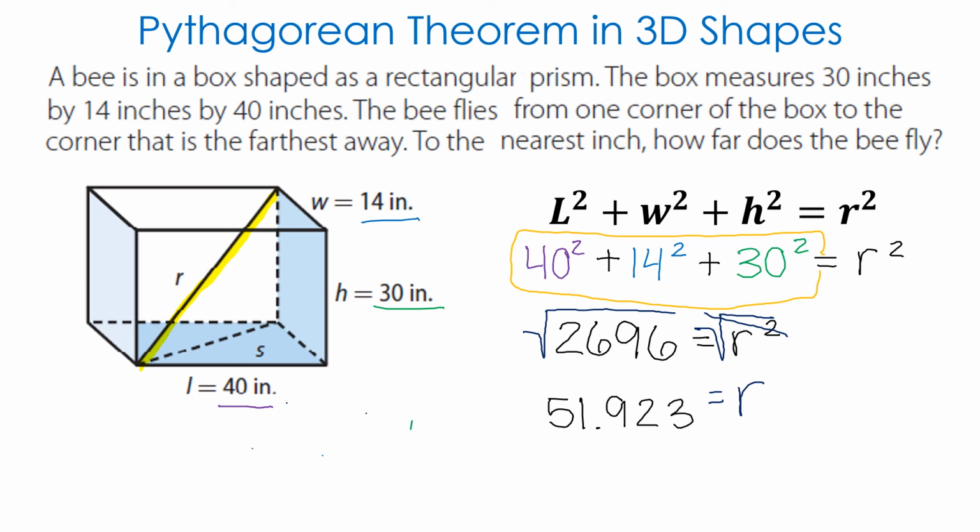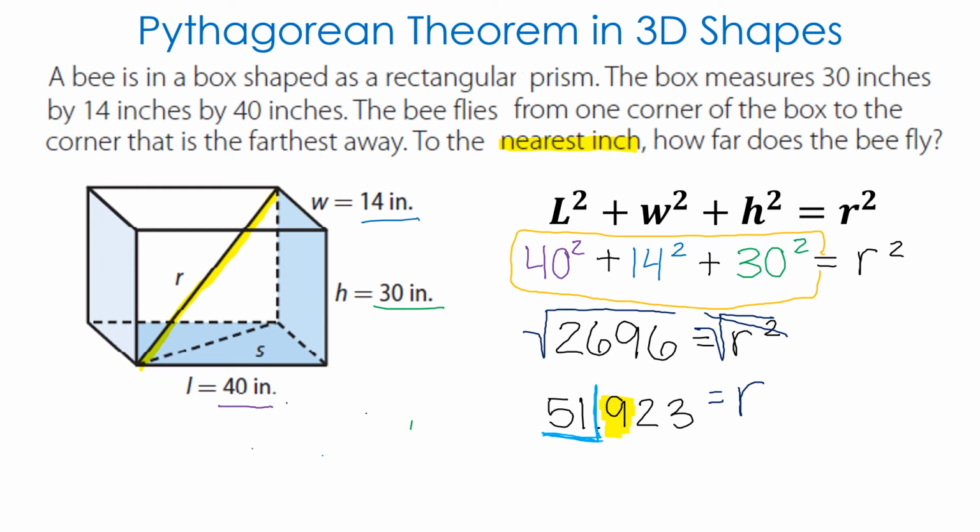So if we look at the word problem, it tells us to round to the nearest inch. So that means we're going to get rid of any decimal places. So we're going to stop where the decimal is. Now we have to determine what that 9 is going to do to our problem. 5 or more, add 1 more. 4 or less, let it rest.